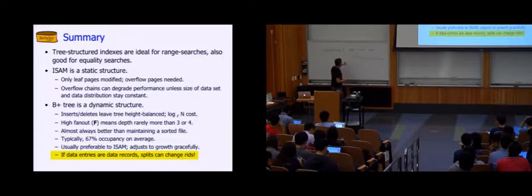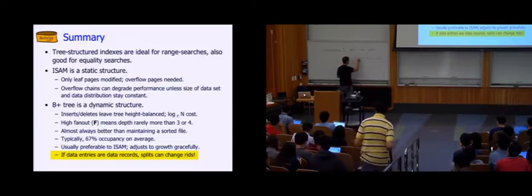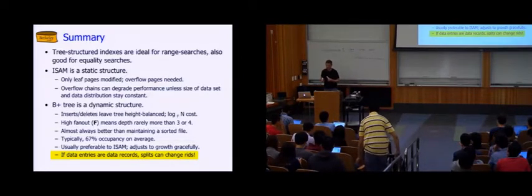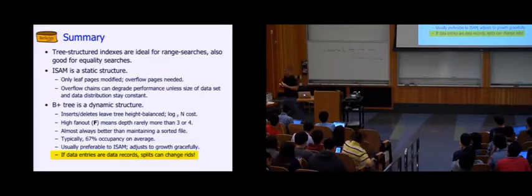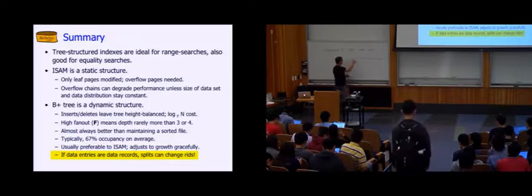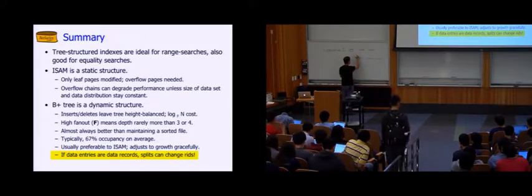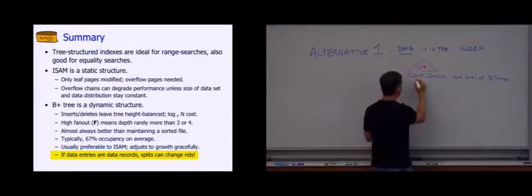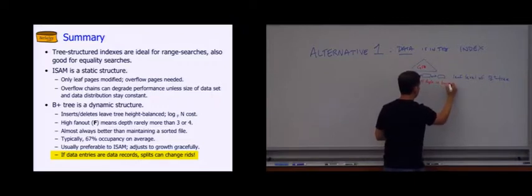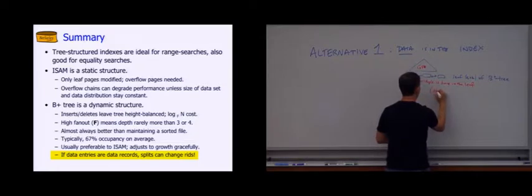And in an alternative 1 B plus tree, these data items that are in the leaves are actual records in the database. These are the primary copies, the only copies of the actual full tuple. So if you're looking for students by GPA, you can look them up by GPA, but the actual student record is here in the leaf of this GPA B tree. This might be a B tree by GPA, but the full tuple is here in the leaf, and only here.